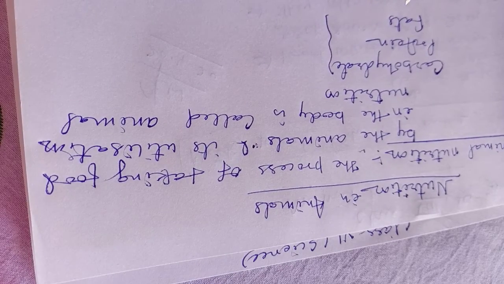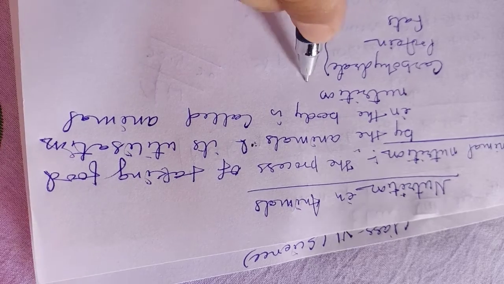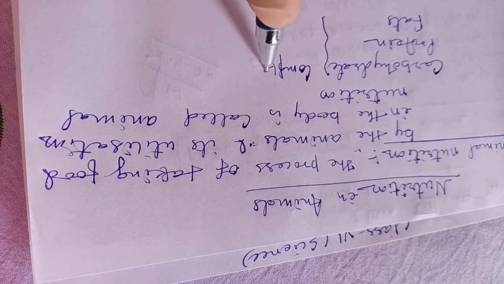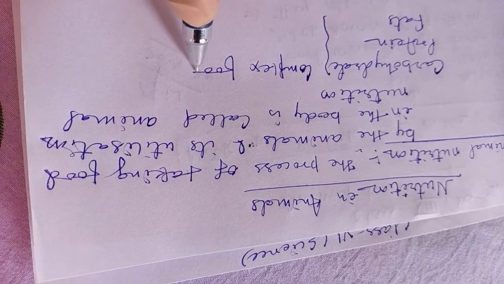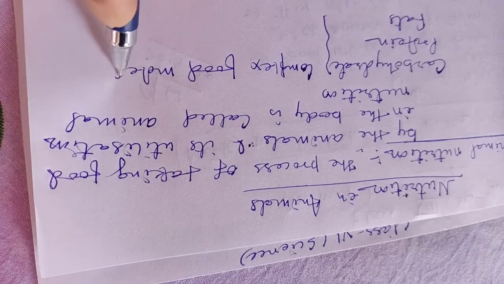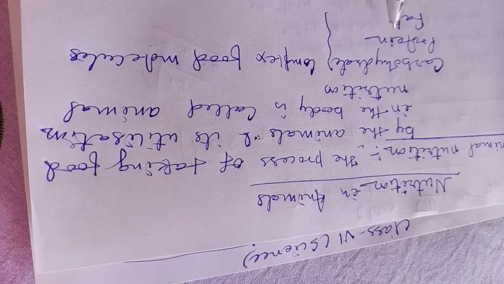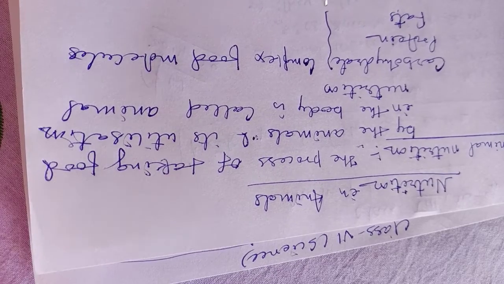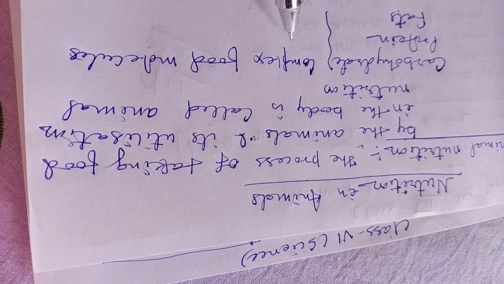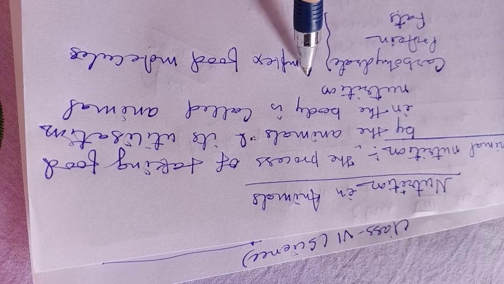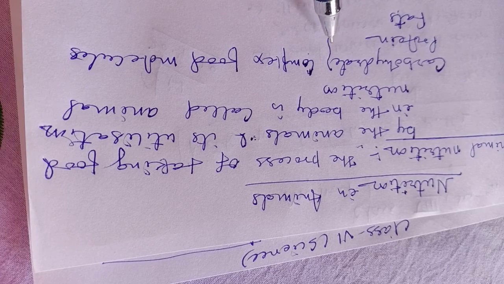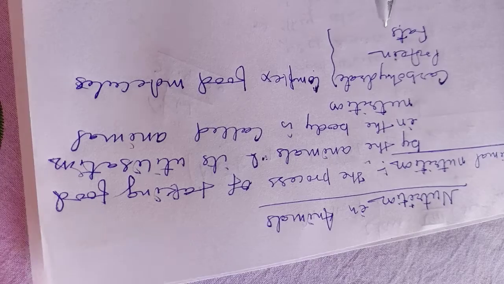These three food components are complex food molecules. These carbohydrate, protein and fat molecules are so big that they cannot be absorbed or utilized by the body in their original form.